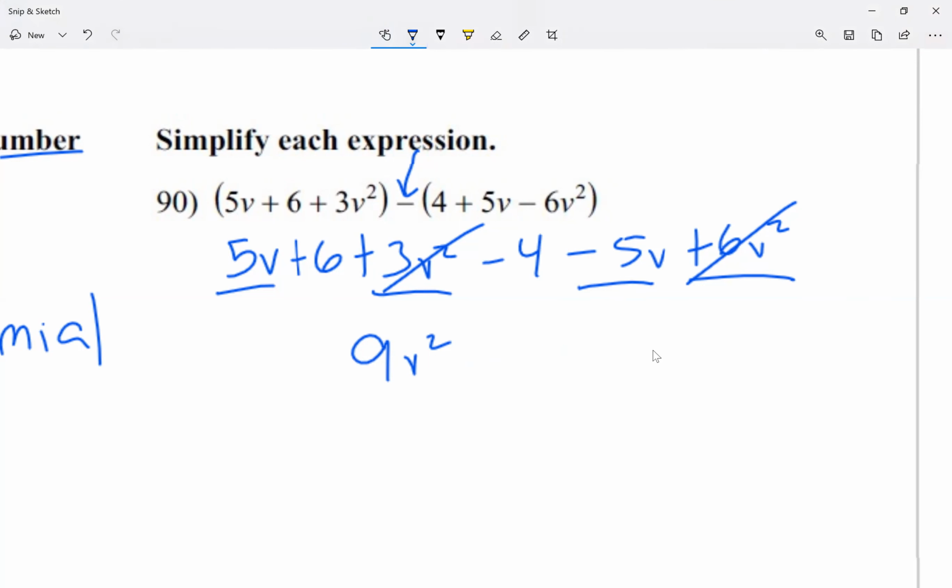All right, 5v minus 5v is 0v. Just cancel them out. There's no v's. They're gone. Don't just write a v by itself without a number, because that's 1. So again, 5 minus 5 is not 1. So don't write the v. And then lastly, I see 6 minus 4, so plus 2. That's it.